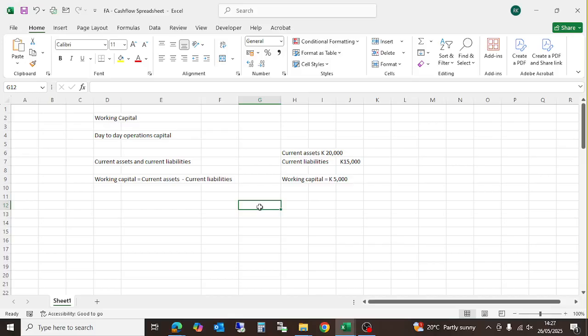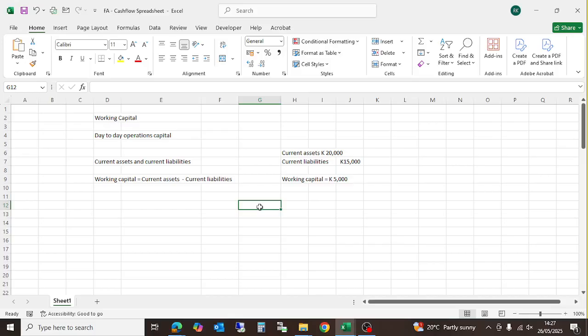Okay, so there are a number of things that we can consider to be features, or rather components, of working capital. For instance, we can talk about inventory. Inventory is a feature of working capital under the current assets. By inventory, we are talking about things like raw materials, work in progress, or finished goods needed to meet production or sales. We can also talk about receivables, which is the money owed by customers, or the trade debtors, which is also part of the current assets.